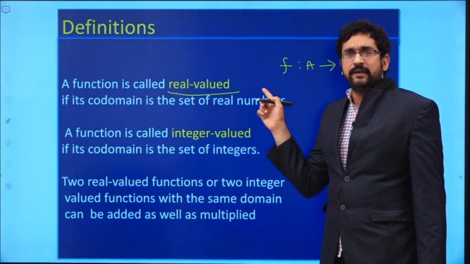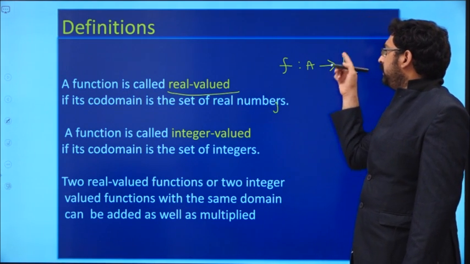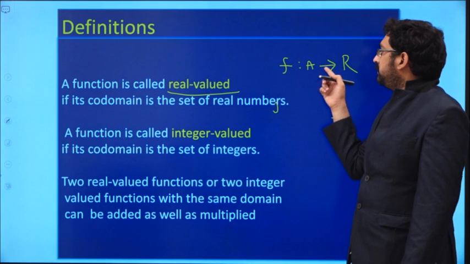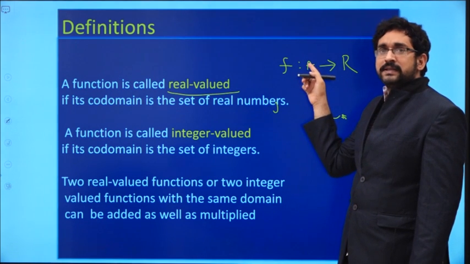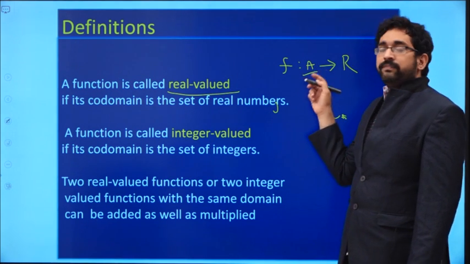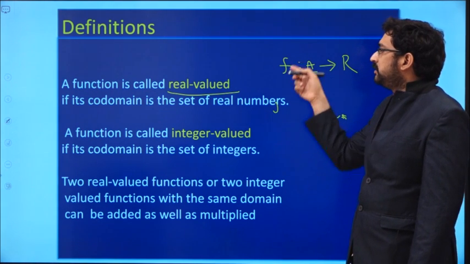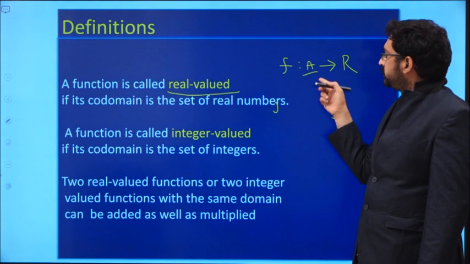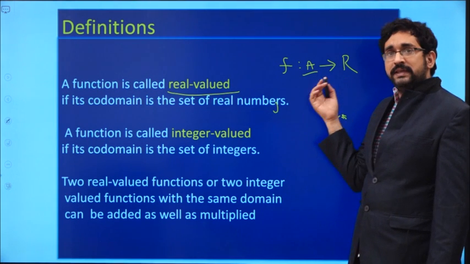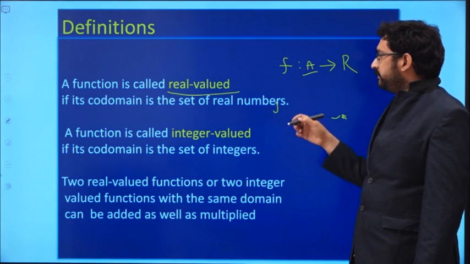For example, here f is a function from A to R. Here the codomain is R. If the codomain is real numbers, then it is said to be a real valued function. So f from A to R is a real valued function.